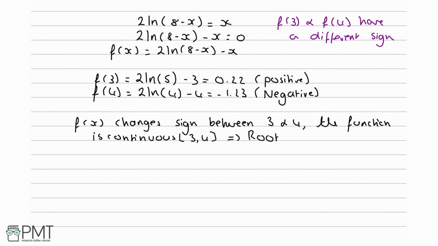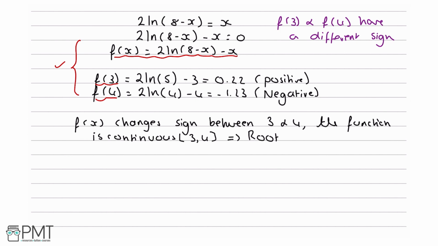So this question is worth 2 marks. Your first mark comes from attempting to find f(3) and f(4) and getting that f(x) equals 2 ln(8 minus x) minus x, and understanding that you need to look at f(3) and f(4).